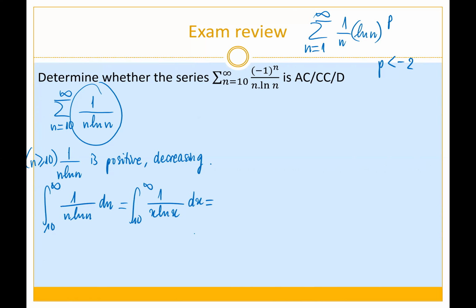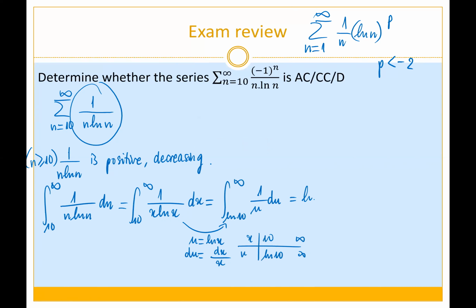If you put u equal to ln of x, du is dx over x, and you do the change of variable: from ln of 10 to infinity, 1 over u du.